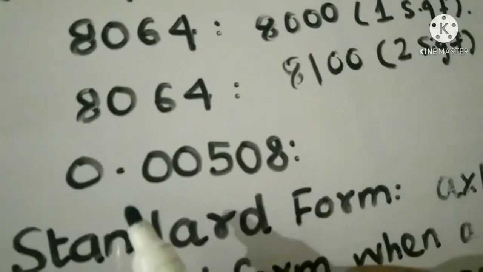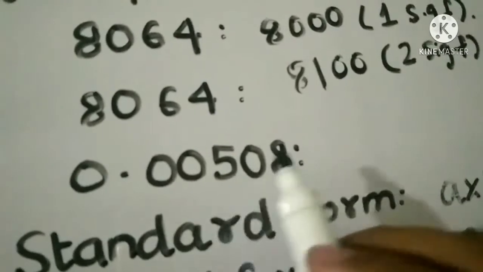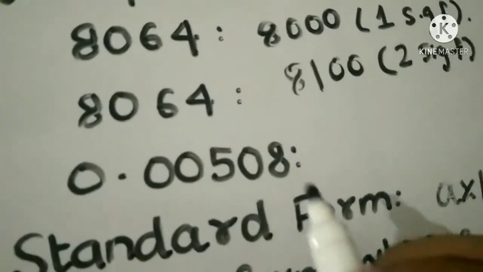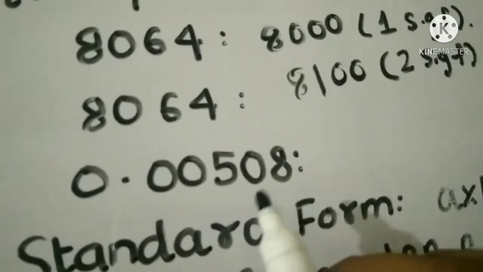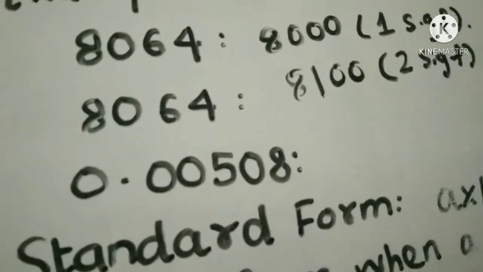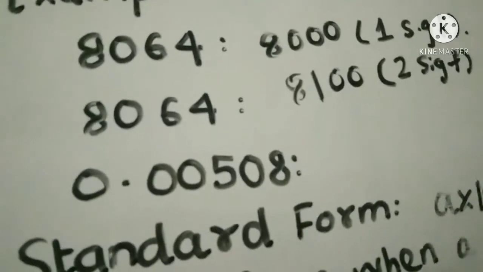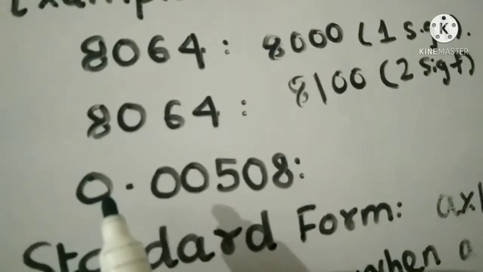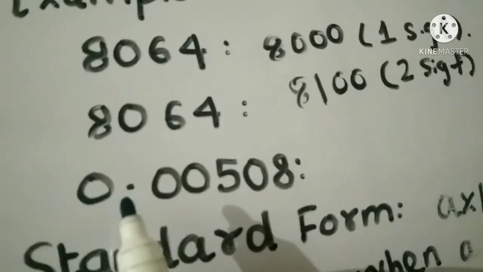The next example is 0.00508. For rounding off the number to two significant figures, we will check from the left side and count the second non-zero number.